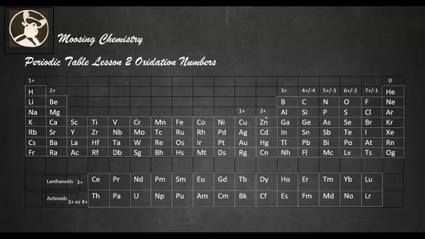But before we get any further, guys, it's important to know that the lanthanoids right here have a +3 charge, and the actinoids have a +3 or +4 charge. So that's important also to remember too.